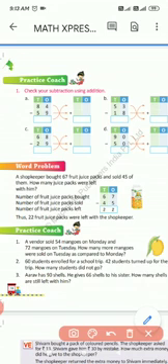4 minus 9, we can't subtract 4 minus 9. So we have to take one borrow. This 4 converted into 14, and 8 converted into 7.